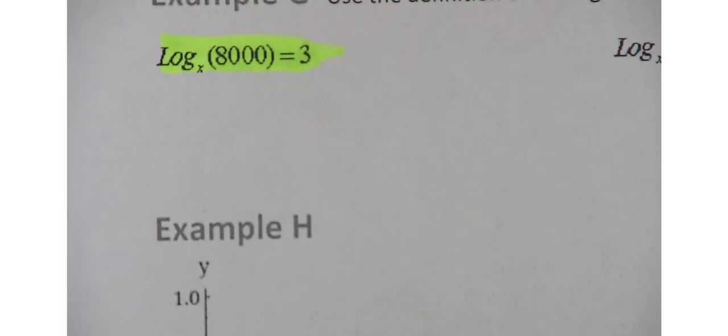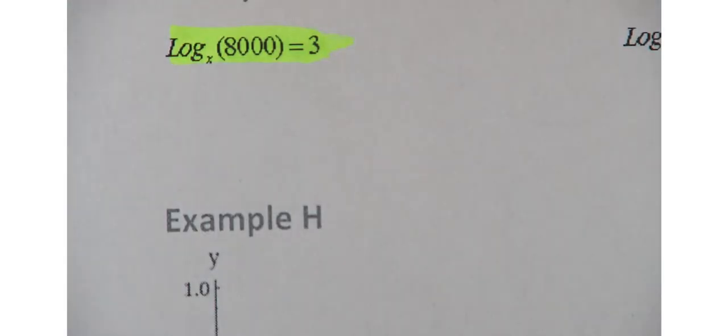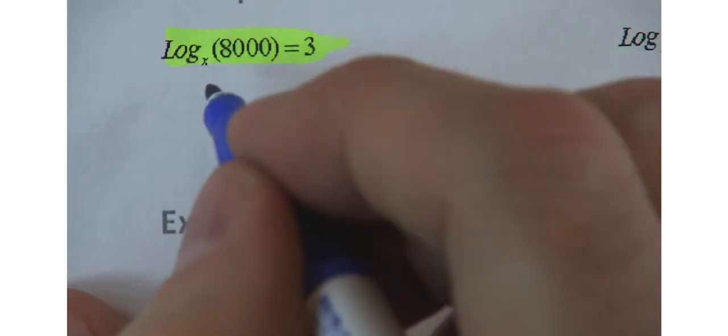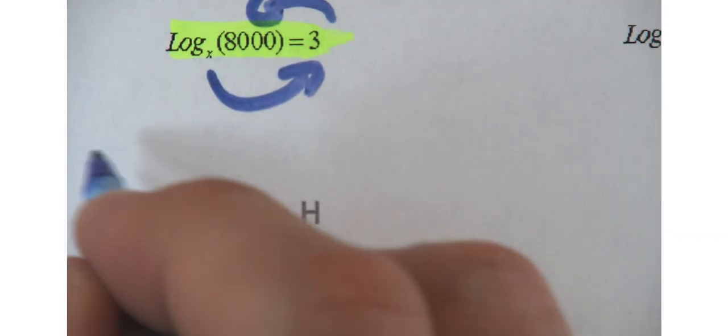So, if I wanted to solve for x, one thing I might want to do, or could do, is rewrite it. How would you rewrite it? What would this be as an equivalent expression using exponents? X cubed equals 8,000. Yeah, x cubed equals 8,000. Awesome.